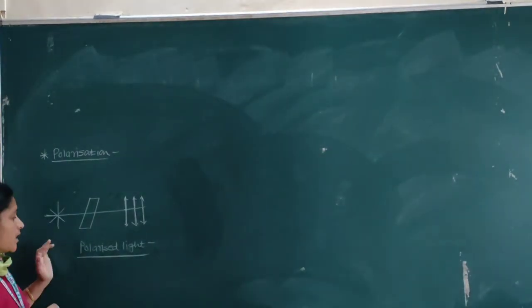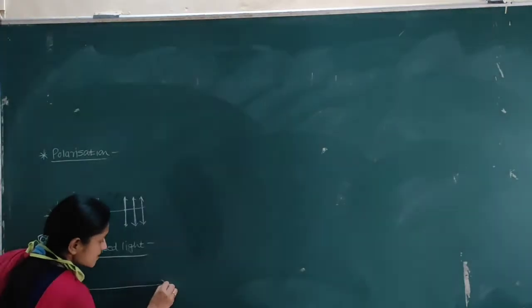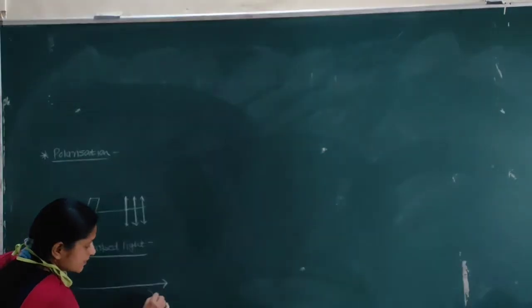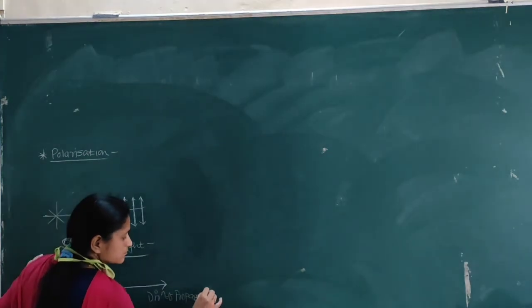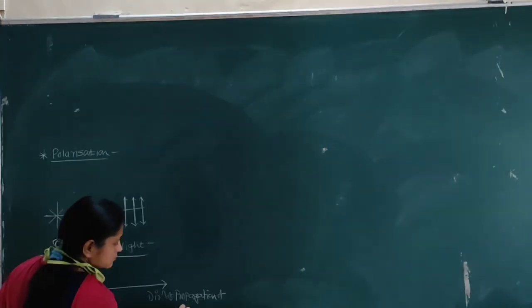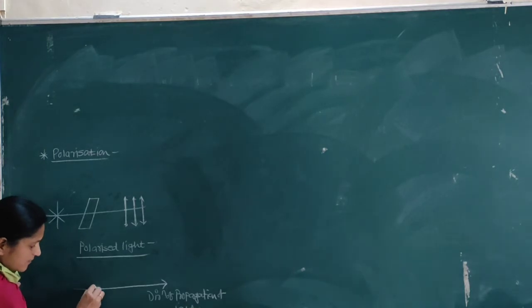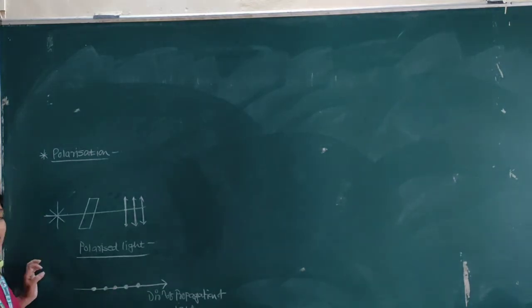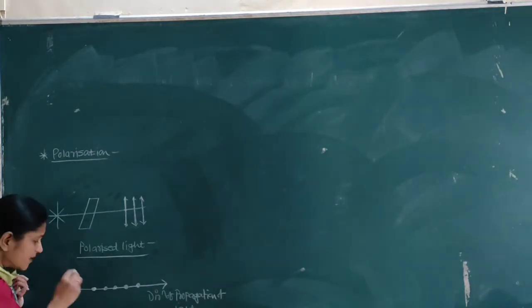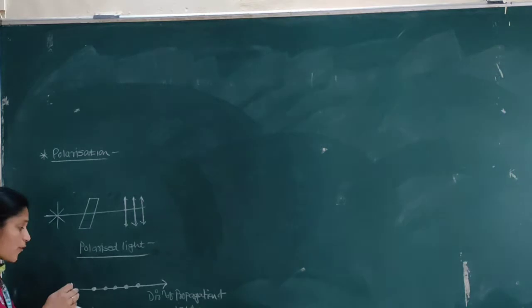If we represent a light by a dot, or consider this is the direction of propagation of light, and if we represent the light by a dot in that line, then it is nothing but polarized light, because this light is restricted only in one direction, out from the plane of the paper.